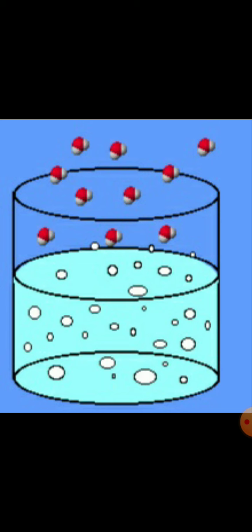What does that mean? We know that ionic compounds are formed by the strong attraction force of opposite ions. Now, when it is a strong force, it needs a huge amount of energy to break that strong attraction force.